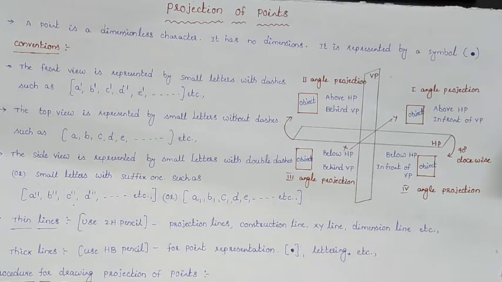For thick lines we use an HB pencil. For point representation we use the HB pencil. And lettering, like mentioning the dimension values and the small letters for the front view, top view and side view, can also be done using the HB pencil.